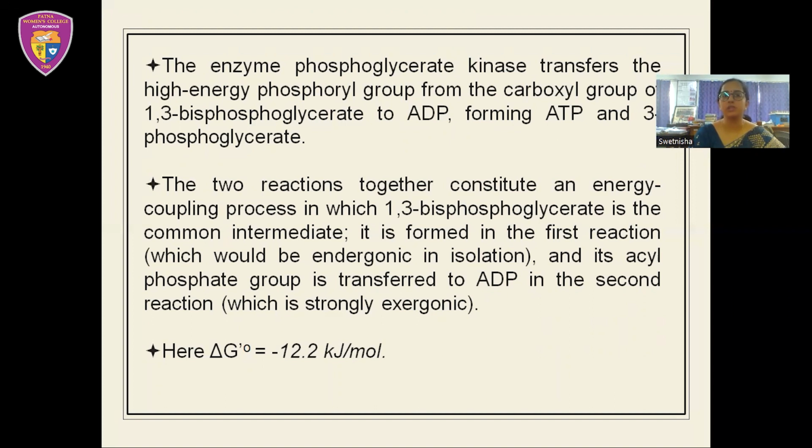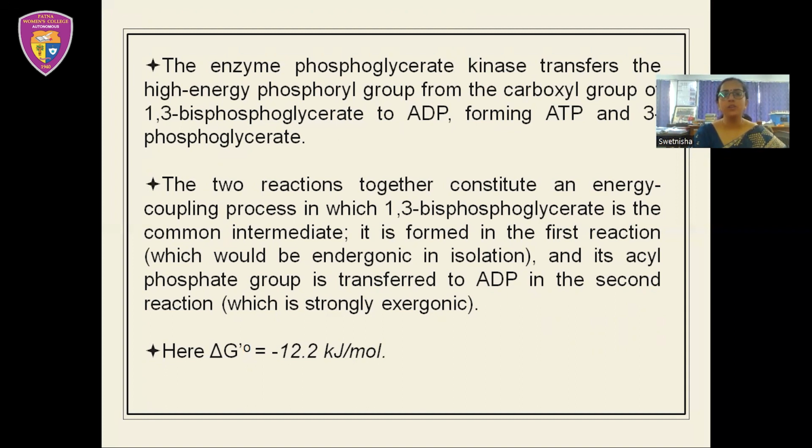Now again, the phosphoryl group present at carbon 1 of 1,3-bisphosphoglycerate is broken down, and this phosphoryl group is transferred to ADP. This ADP is converted into ATP, and 1,3-bisphosphoglycerate is converted into 3-phosphoglycerate.